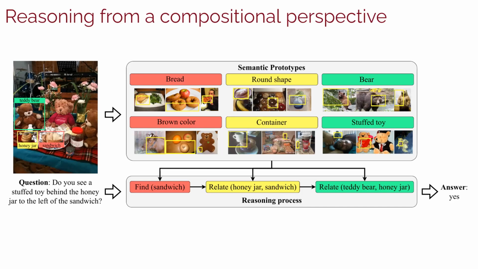Then, we incorporate these prototypes within an explicit reasoning process, where each step is instantiated with a distinct neural module. The neural modules are dynamically combined together to formulate the decision-making process and the network for answering different questions. In this way, we are able to bridge a variety of objects based on their commonality in the semantic space and benefit from structured reasoning.